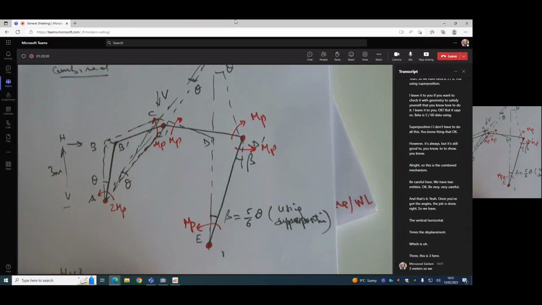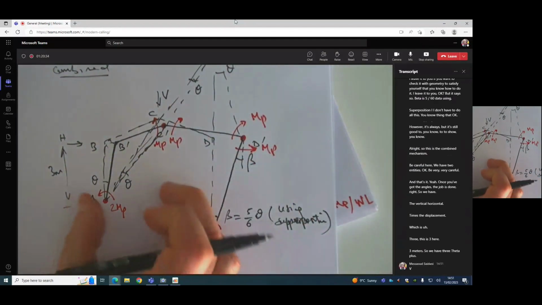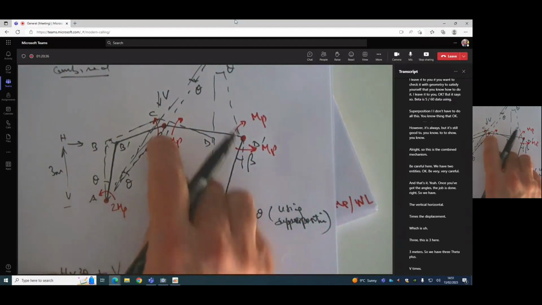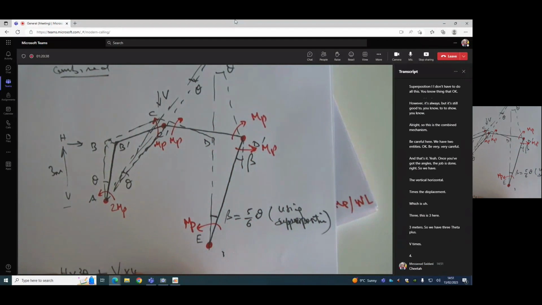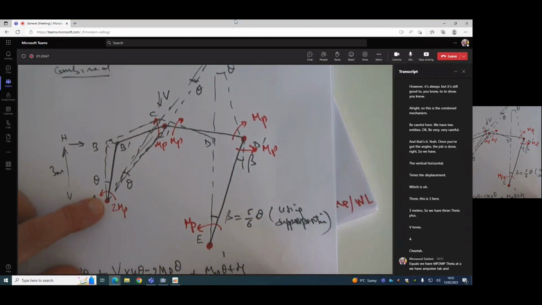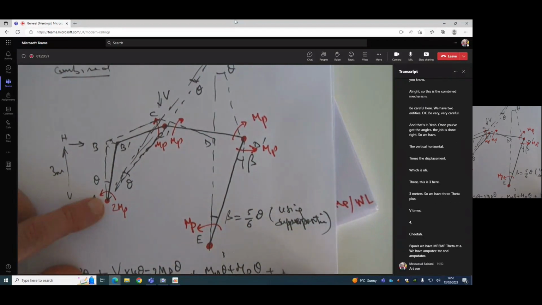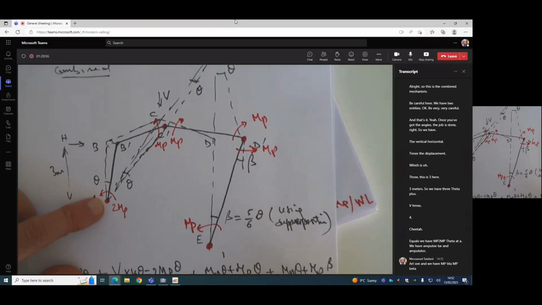So we have 3 theta plus V times 4 theta equals, we have 2 MP theta at A, we have MP theta and MP theta at C, and we have MP theta, MP beta at D, and finally MP beta at E.